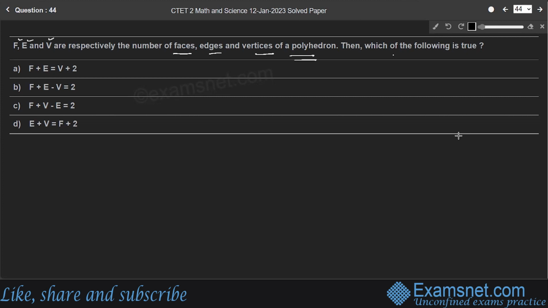A prism is a polyhedron, and a cuboid too. Then pyramid is a polyhedron. Next comes cone. Cone is also a polyhedron, right?